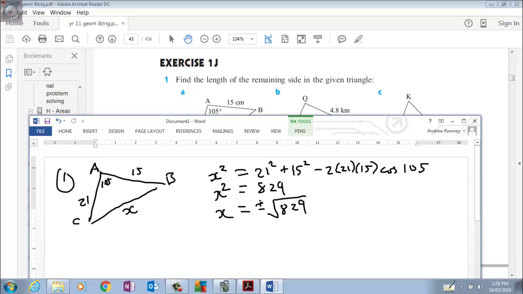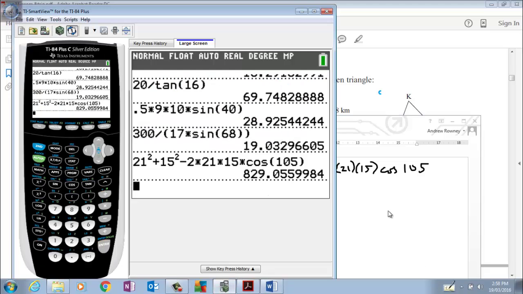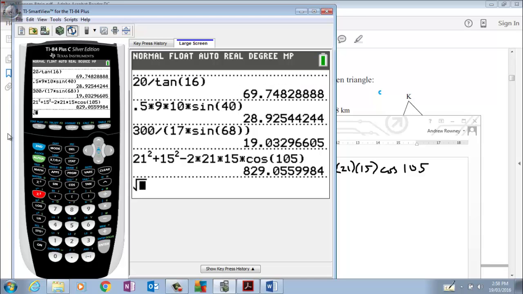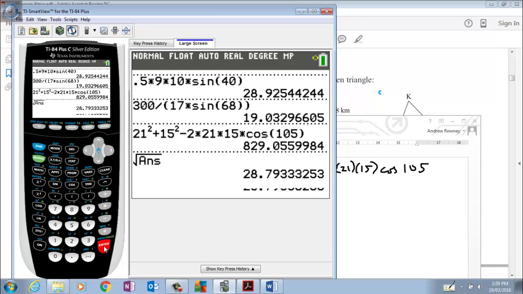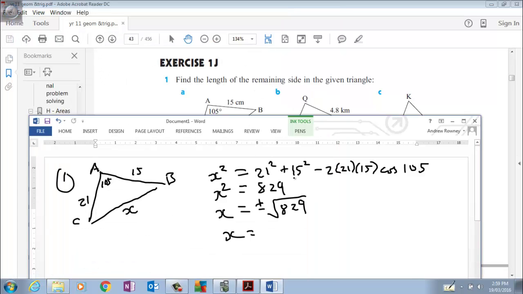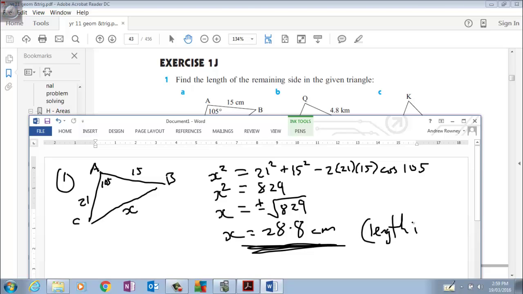So on the calculator we're now going to do square root of the answer, enter, and so we get 28.8. So we can come back here and say 28.8 centimetres, and we're only taking positive lengths because length is positive.